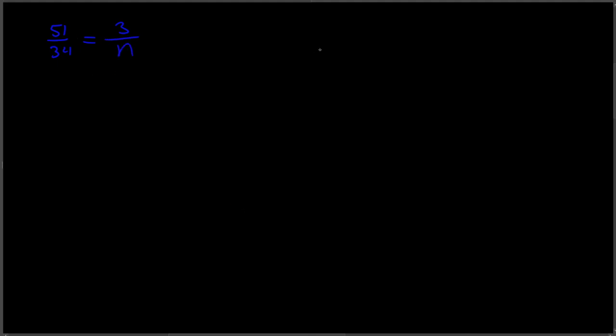Again, I'm going to use my cross product. I'm going to multiply these. 51n is equal to 3 times 34. Well, 51n is equal to 102. Divide both sides by 51. And I see that n is equal to 2.